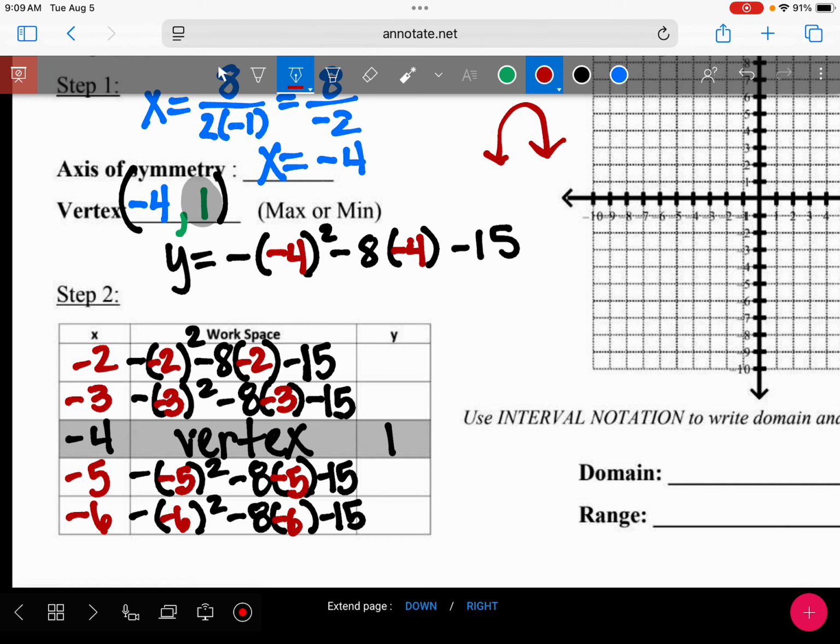Okay, go ahead, use your calculator, and you're going to type it in. And the thing about this is that whatever you get here should match here, and these two numbers should be the same. So it's kind of an easy way for you to check that you are getting the right numbers.